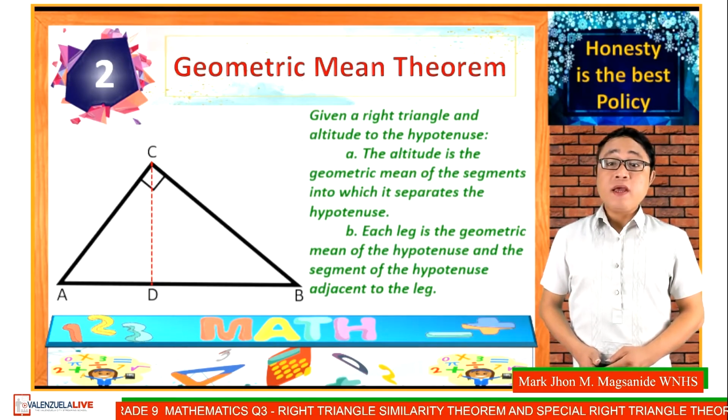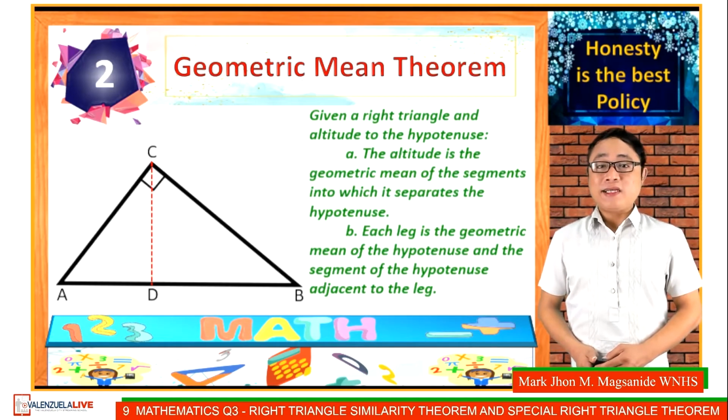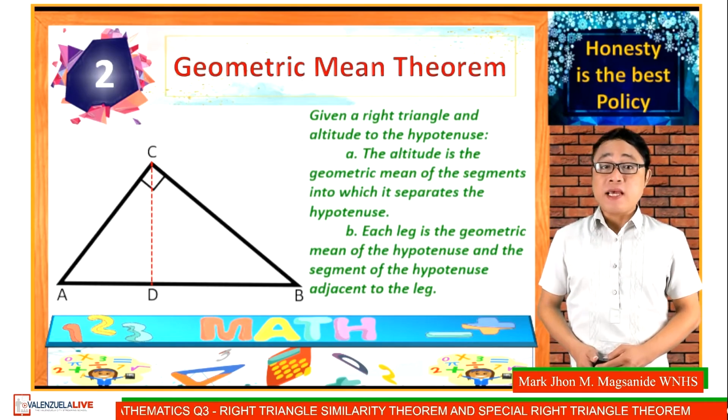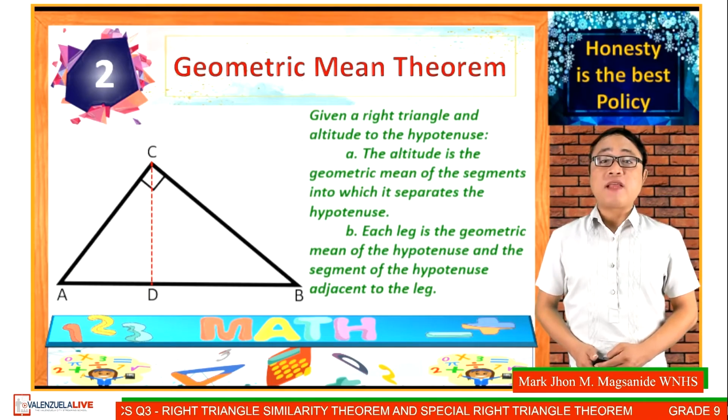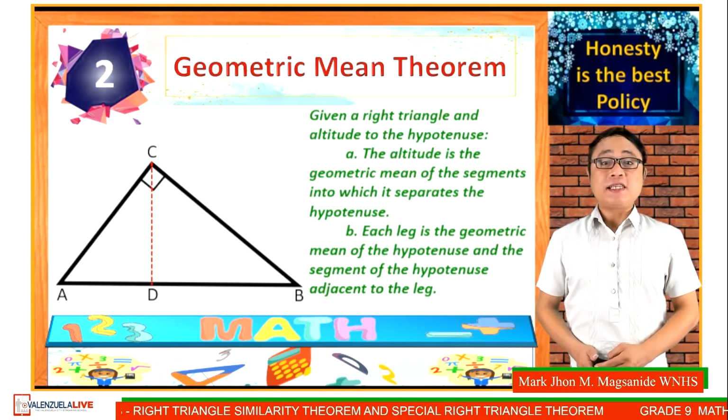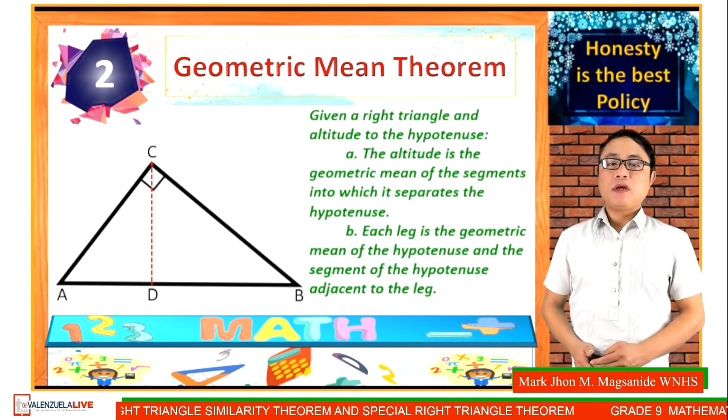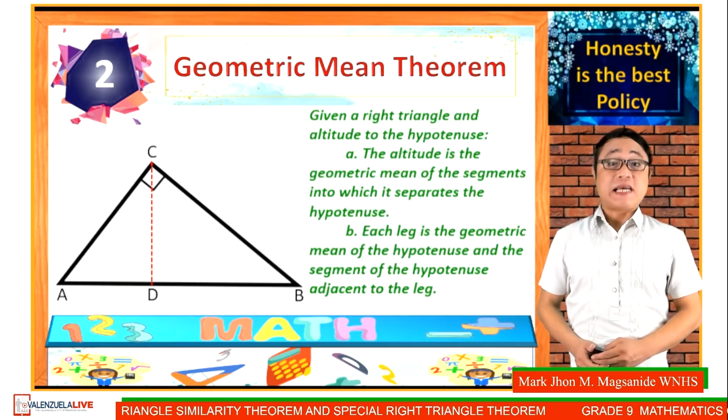And letter B, each leg is the geometric mean of the hypotenuse and the segment of the hypotenuse adjacent to the leg. What does geometric mean stand for?